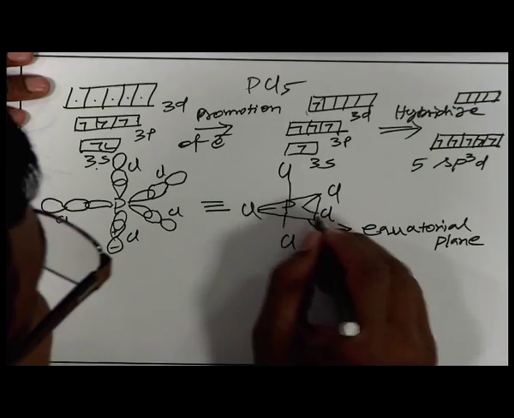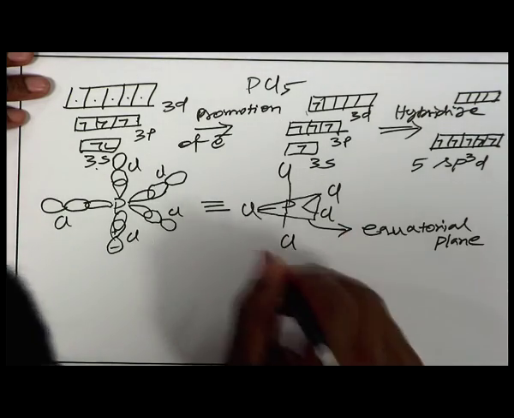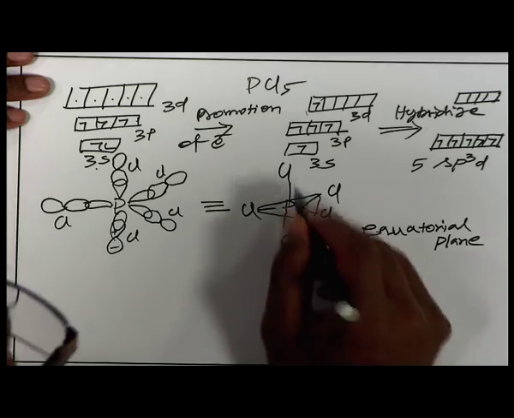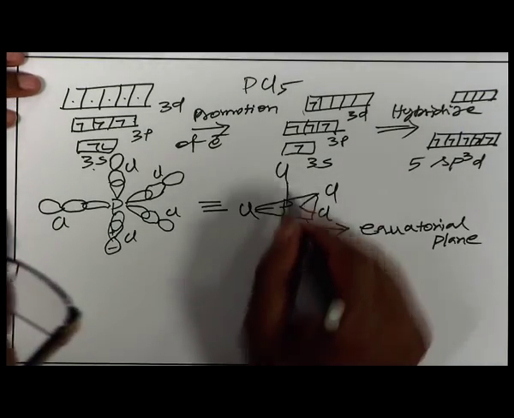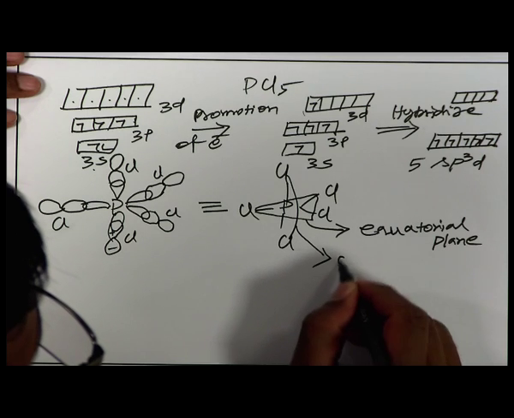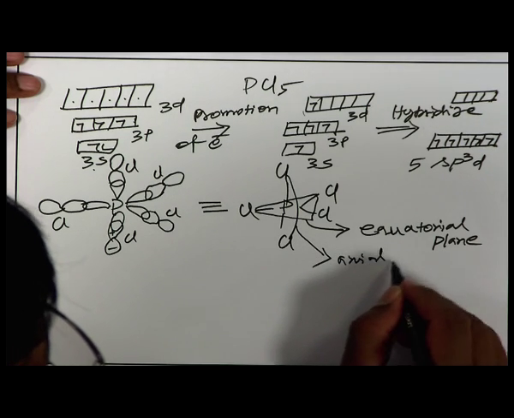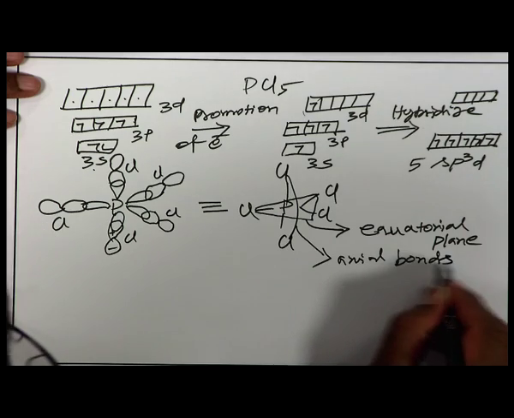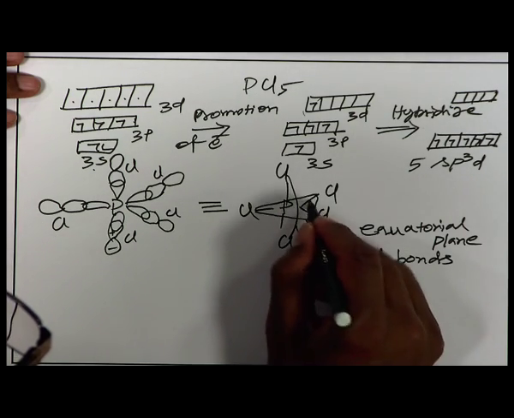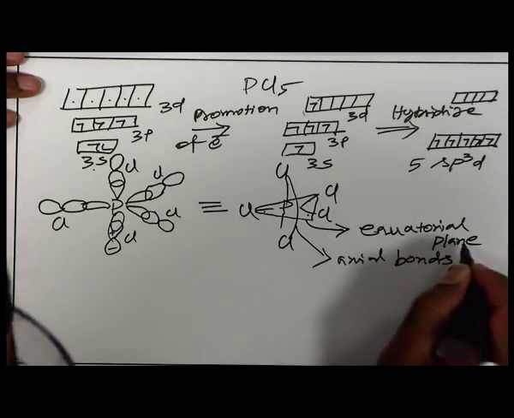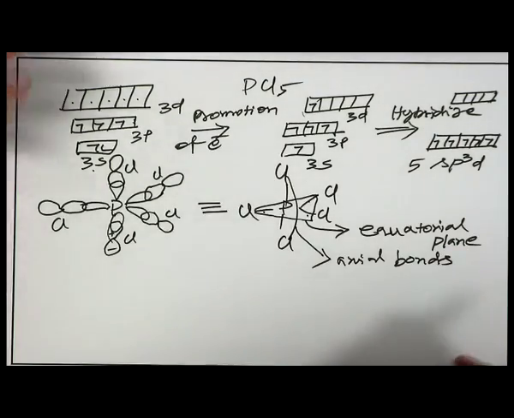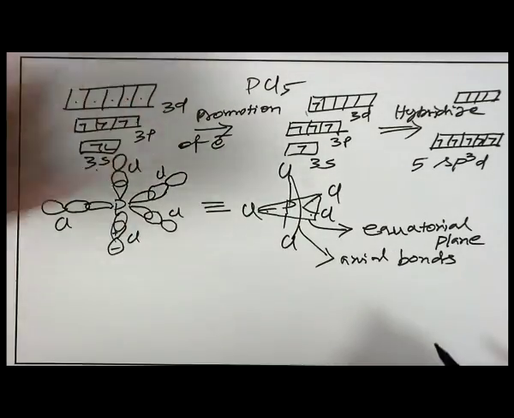So, these bonds are also called equatorial bonds, and these two are axial bonds. These two are axial bonds. These 3, 1, 2, 3, are called equatorial bonds. They are different.